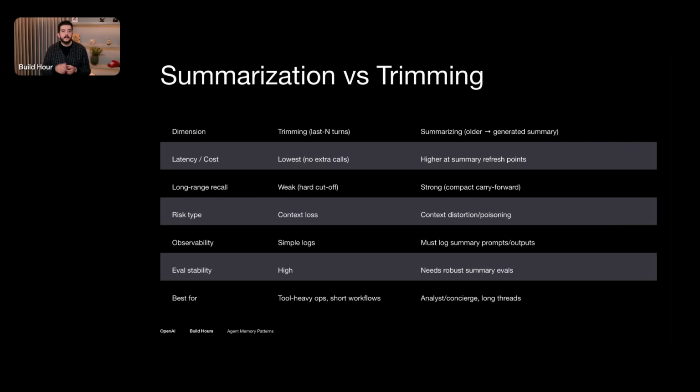If you have multiple tasks in your long-running agent that are independent from each other, you can definitely consider trimming, because probably the trimmed or thrown away information is not important for the agent for the next turns. But if you're collecting useful information across multiple turns and tasks are dependent on each other, then you can definitely consider summarization here.